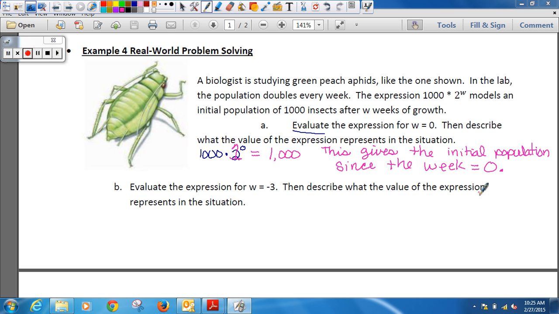So this is our starting point. When we started the experiment, there was already 1,000 insects. B says evaluate the expression for W equals negative 3. So I'm going to replace W with the negative 3.